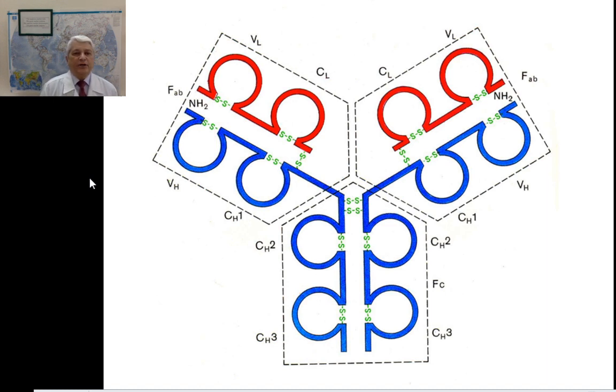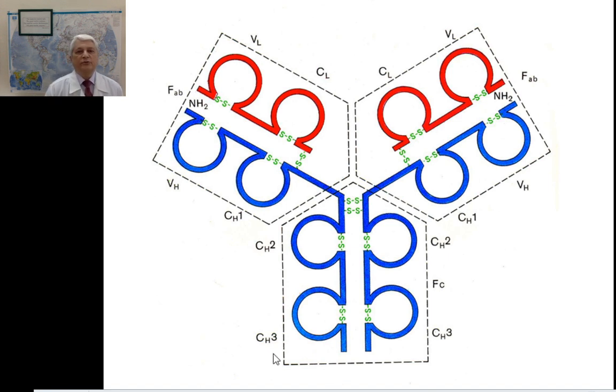Every polypeptide chain, as you very well know, has a beginning and an end. The beginning is the place where the amino acid has a free NH2 group, and the C end is the end of the polypeptide chain where the last amino acid has a free carboxyl group.